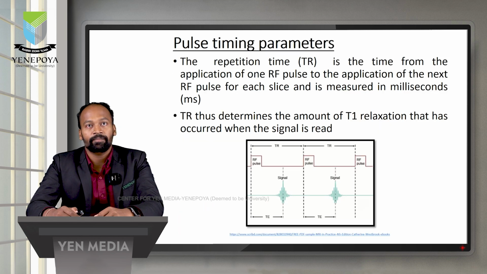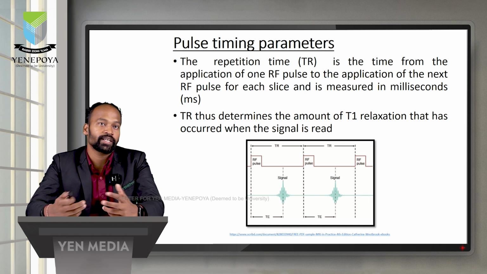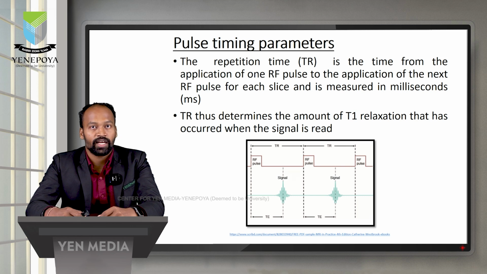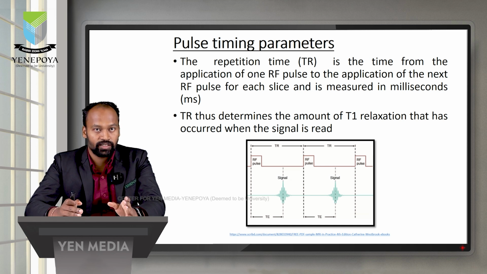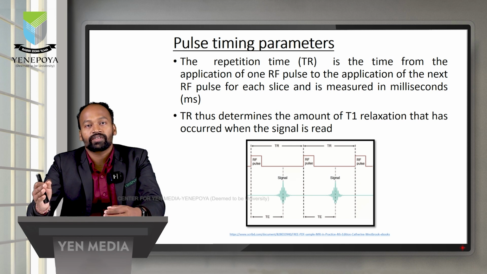Next one is the pulse timing parameters. The repetition time is the time from the application of one RF pulse to the application of the next RF pulse for each slice, and is measured in milliseconds. In the graph we can see one RF pulse and the starting of the next RF pulse.